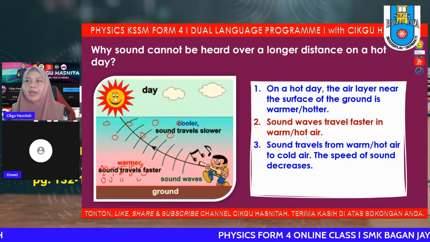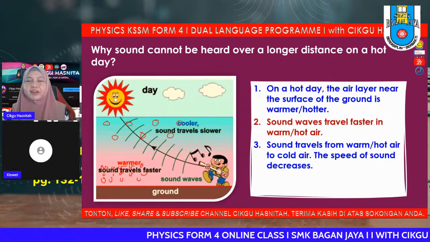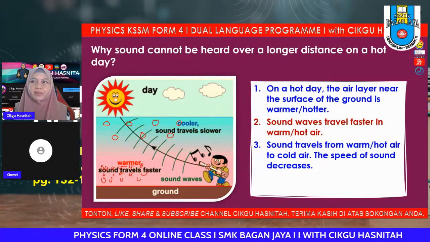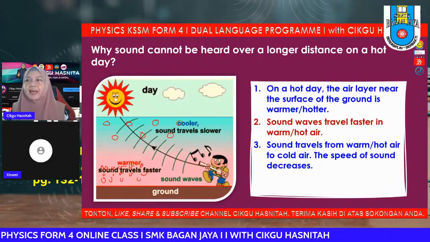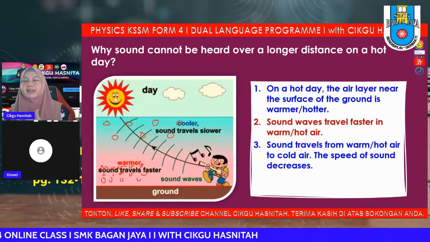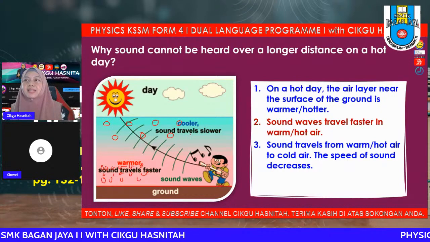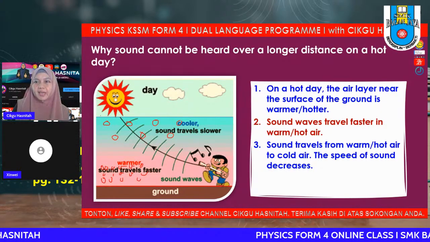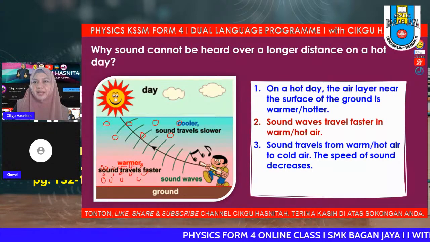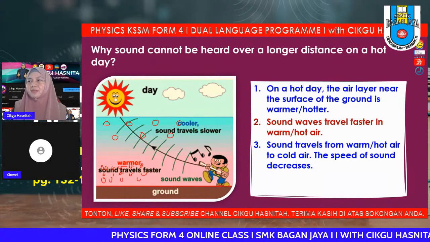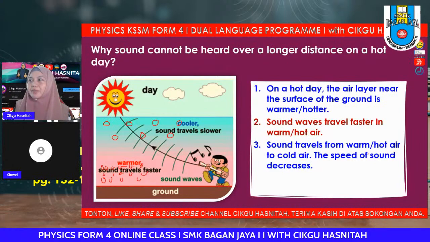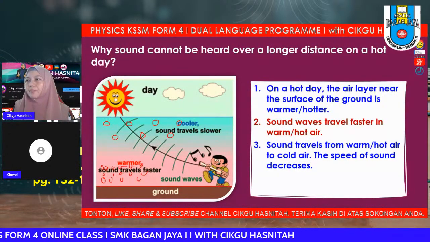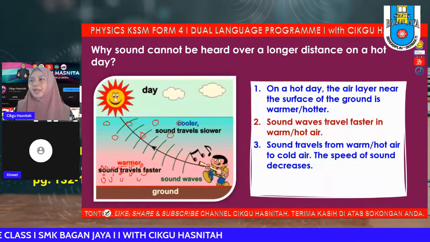So here there are more particles to carry the sound. That's why they travel faster in warm air. Okay. In cool air, there are fewer particles to carry the sound. So that's why sound travels slowly in cooler air. So I hope you understand that. So that's why the speed of sound decreases from warm air entering cold air.